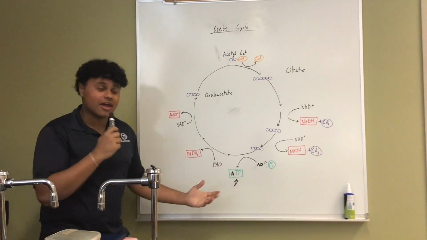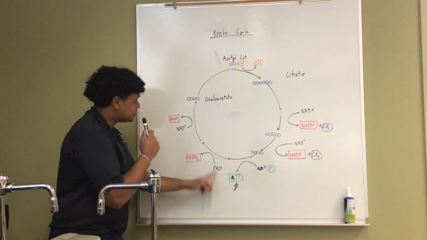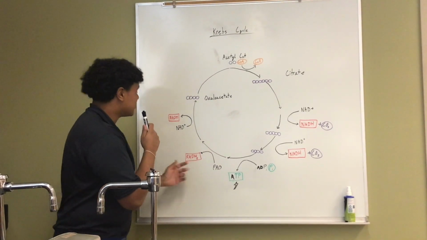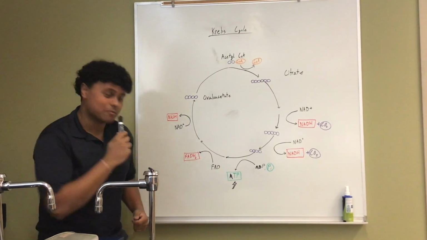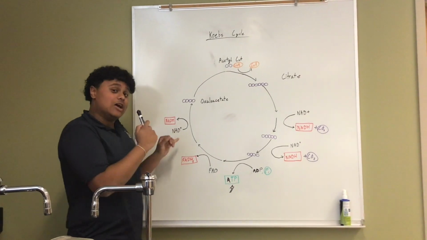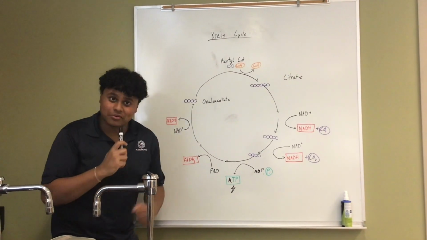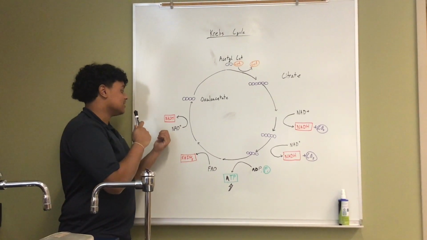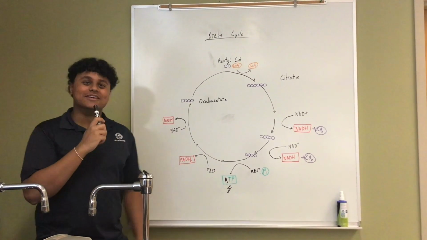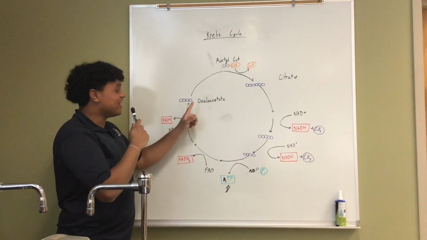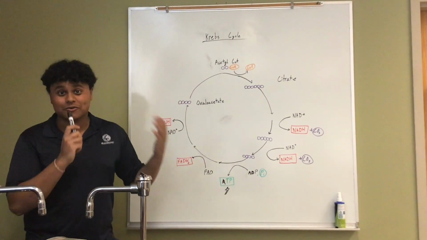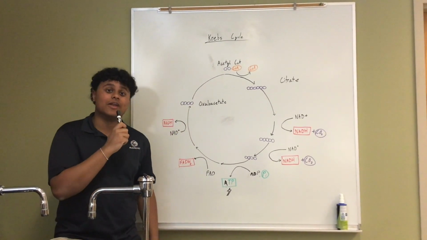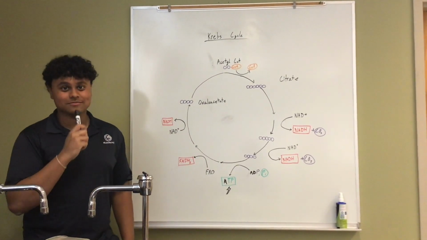Then, from there, we take the FAD and turn it into FADH2, which makes it an electron-carrying molecule. And then again, we take another NAD+ and turn it into NADH, which has electron-carrying properties. Then the Krebs cycle finishes with a 4 carbon molecule known as oxaloacetate.